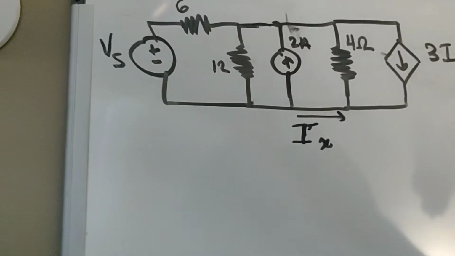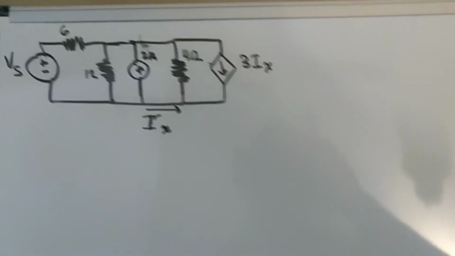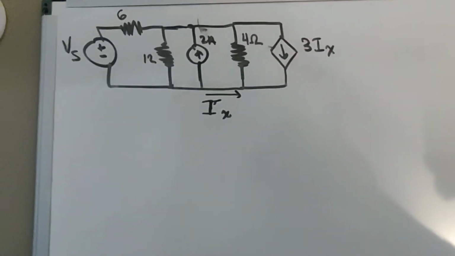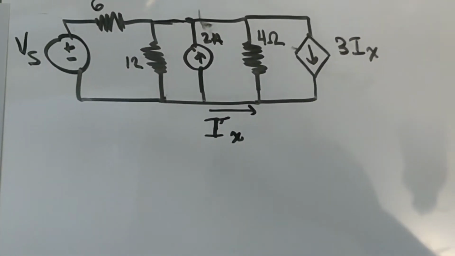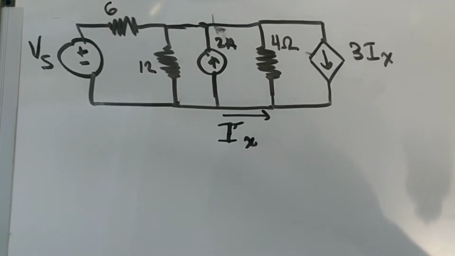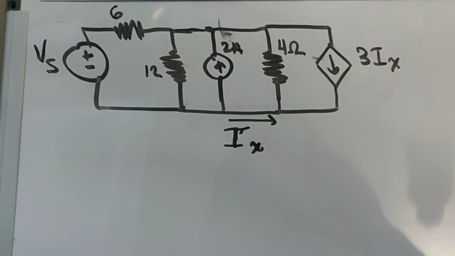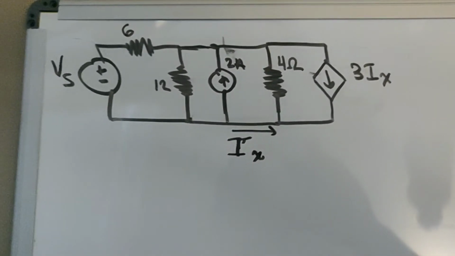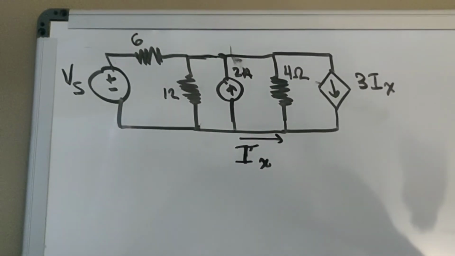So you can also join and separate nodes at will. So that's just one portion of this problem that you should be able to understand, the definition of what a node is. So let's go ahead and continue to solve this problem.